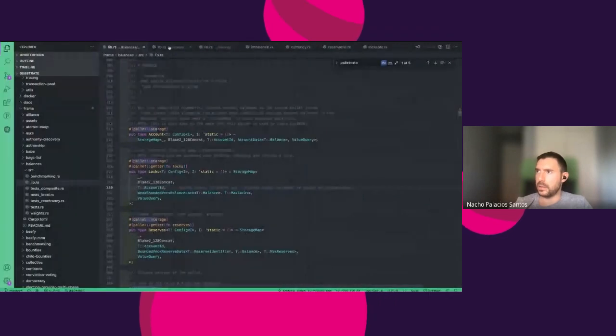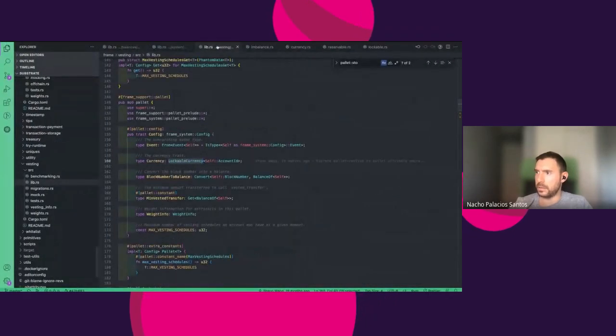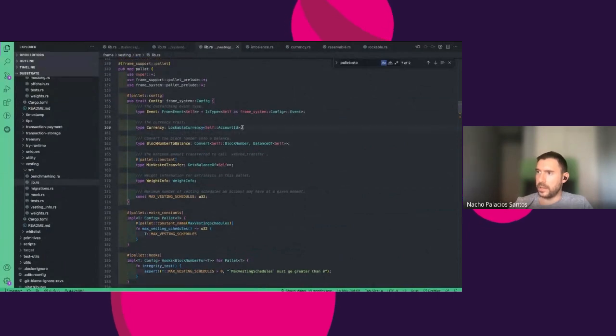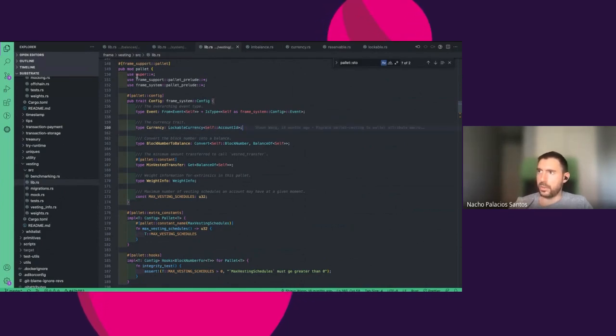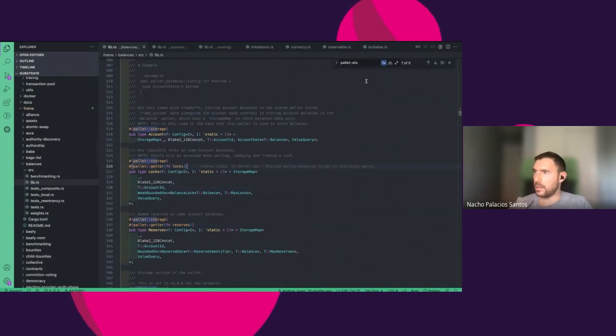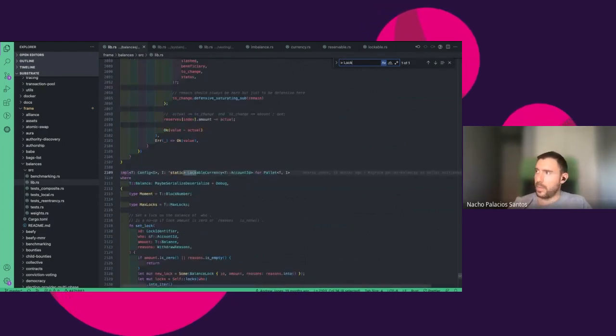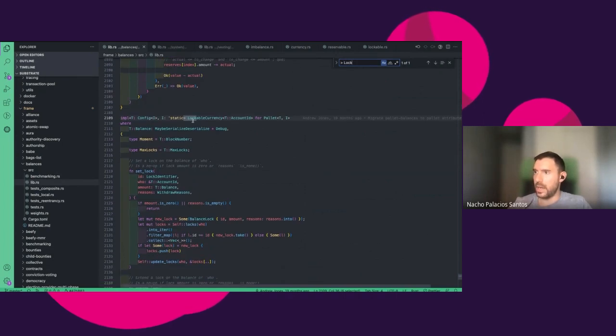Let's take a look at the vesting pallet configuration, and we see that this type requires a struct that implements the LockableCurrency trait. Therefore, we should expect that the balances pallet implements this trait. We know it does, but let's take a look.